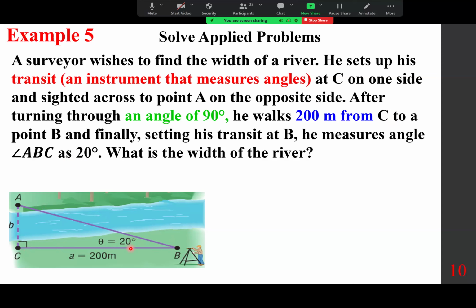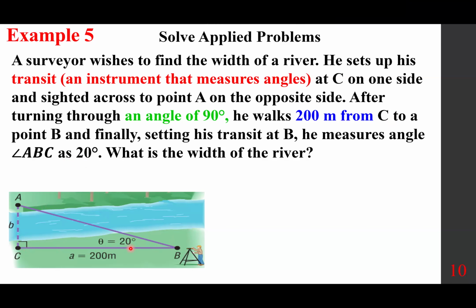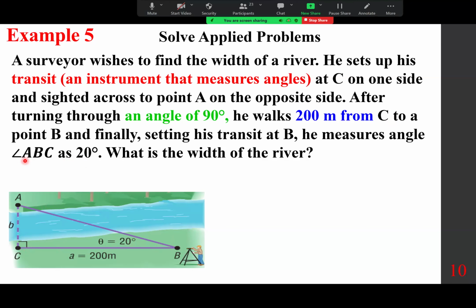Well, tan of theta, or tan of angle ABC, is the opposite, B, over A. And we know theta is 20 degrees, so tan of 20 degrees. And we know A is 200 meters.